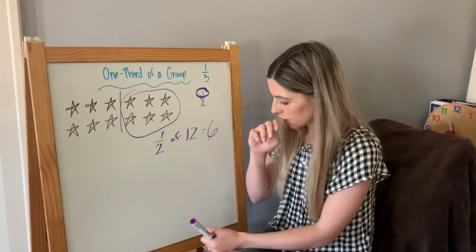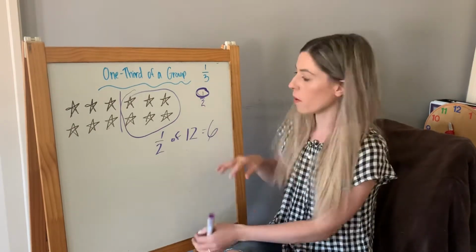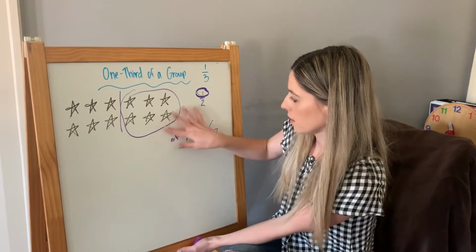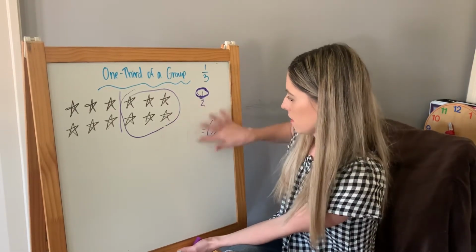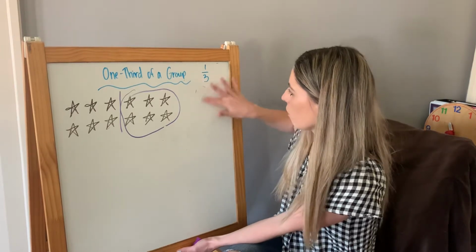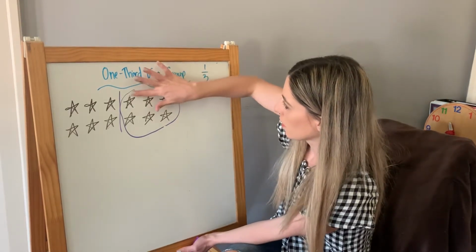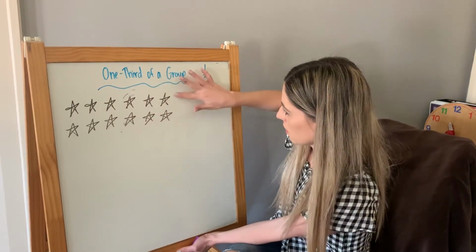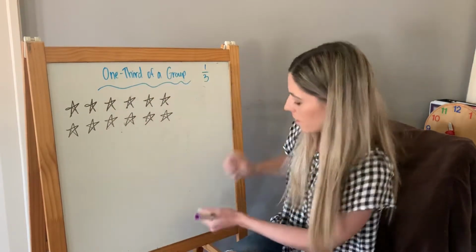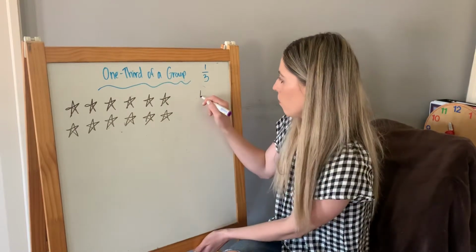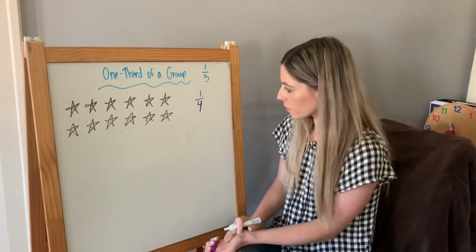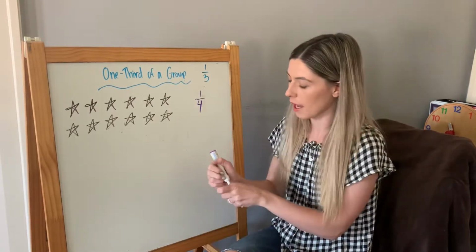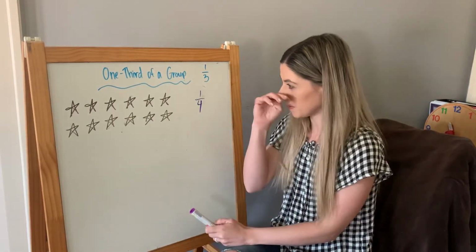Now, if I want to do 1/4 of 12, I'm going to erase this. We're going to do 1/4. I will show you. The bottom number is the total number of groups, and the top number is how many groups I'm going to circle.